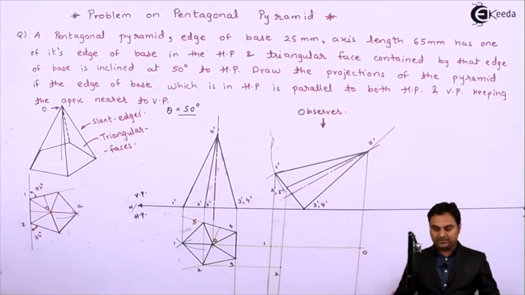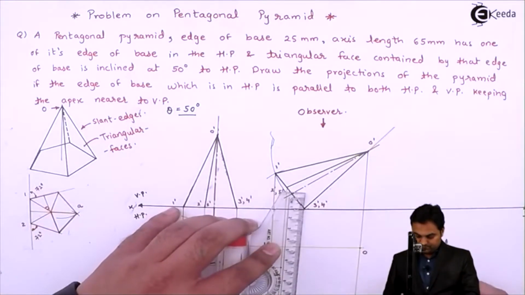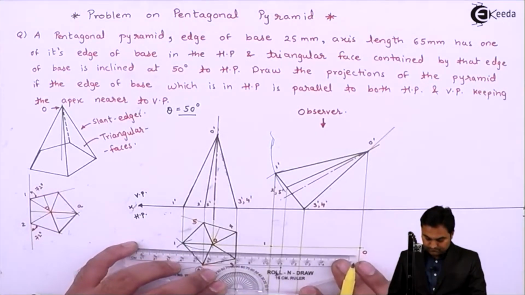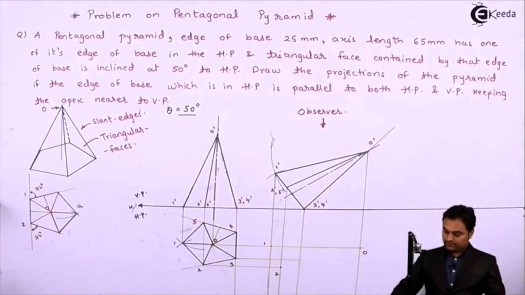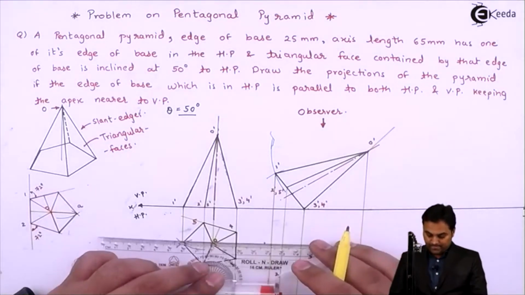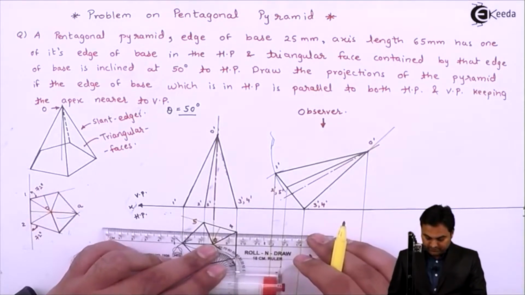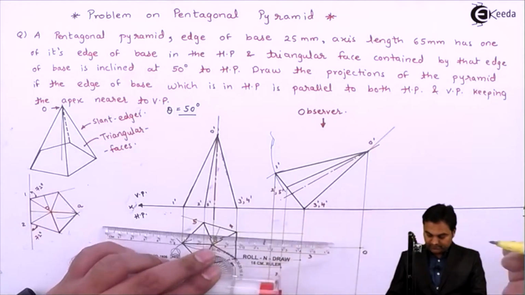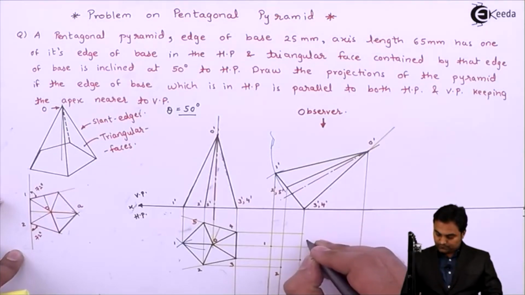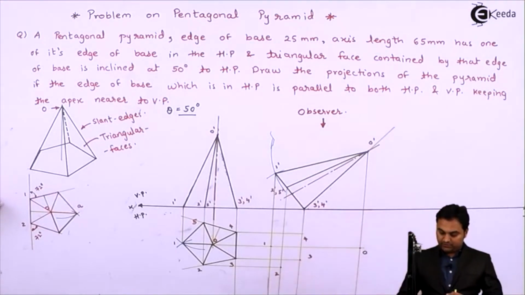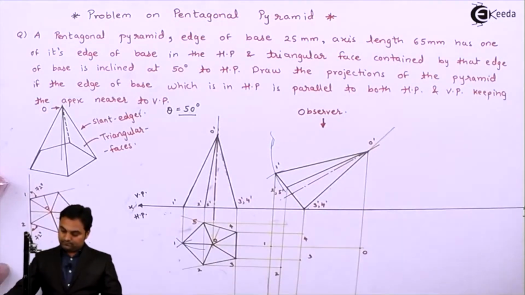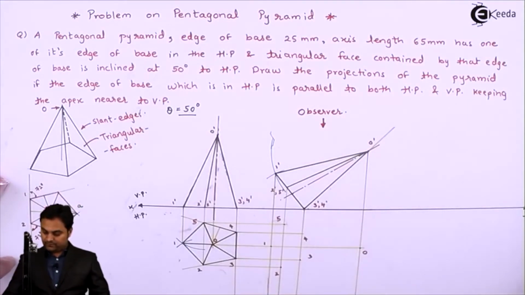Then point 3 dash, 4 dash, and point 3. Four dash and 3 dash are on the same line, so projecting point 4 over this same line will give me point 4. Then point 5 and 2 are on the same line, that gives me point 5.